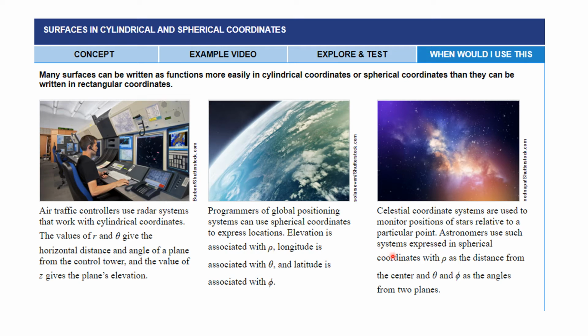Astronomers use such systems expressed in spherical coordinates with rho as the distance from the center and theta and phi as angles from two planes. A lot of times people will call these right ascension and declination to describe these sort of celestial longitude and latitude metrics.